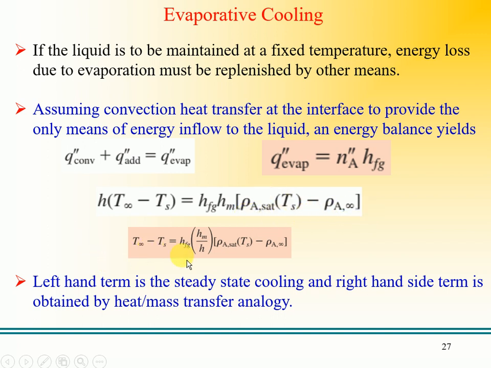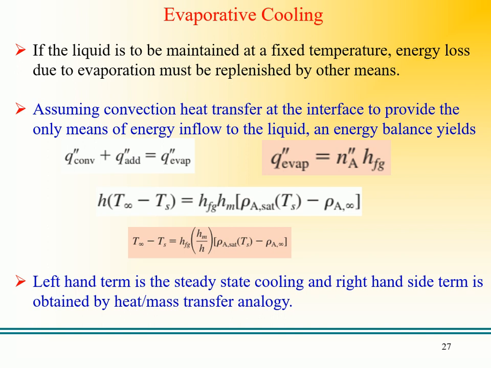So T_infinity minus T_s is h_fg h_m by h, which gives the change in temperature: T_infinity minus T_s equals h_fg h_m by h times the density of species A at the saturated temperature minus the density of species A at the free stream condition, that is the infinity environment.